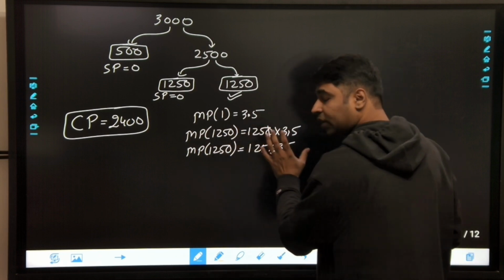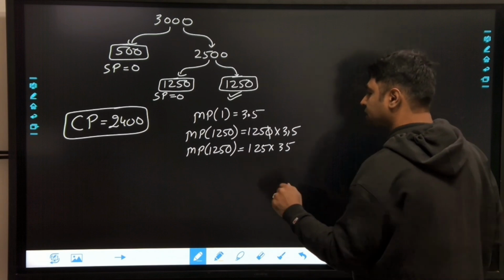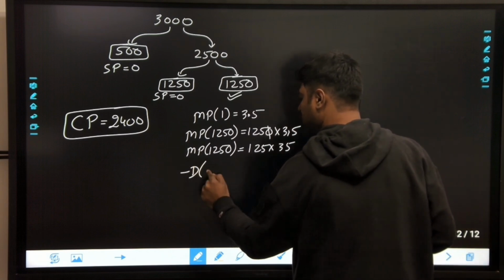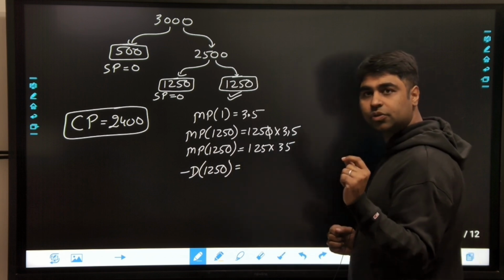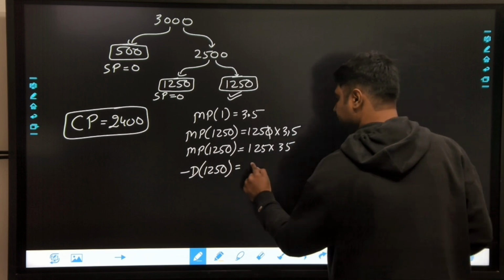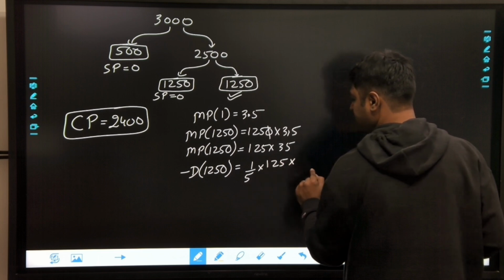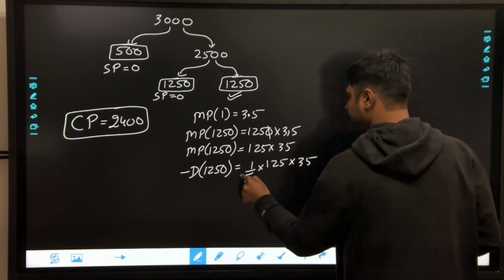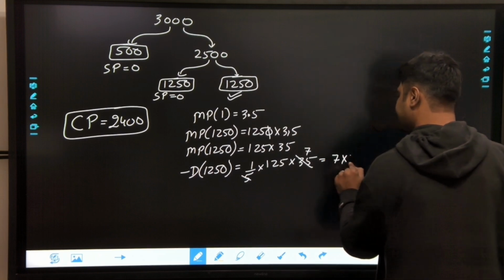And for these items, there will be a discount of 20% as well. So the discount on these 1250 will be 20%. What is 20%? It is 1 by 5. Just do 1 by 5 of 125 into 35, so you will get 7 into 125 as the discount.